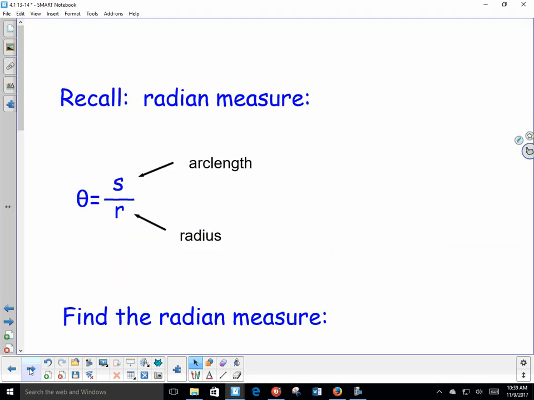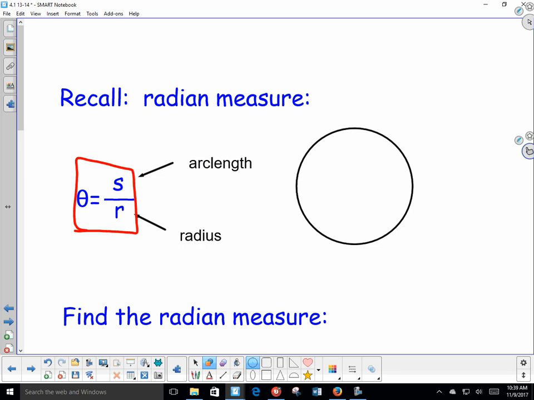All right, so back to our notes. We did that example. So let's take a look at this. Remember, we have this formula, theta equals S over R, which relates the radius of a circle, call it R, to a certain arc length, call it S, to the angle that's formed, call it theta, right?